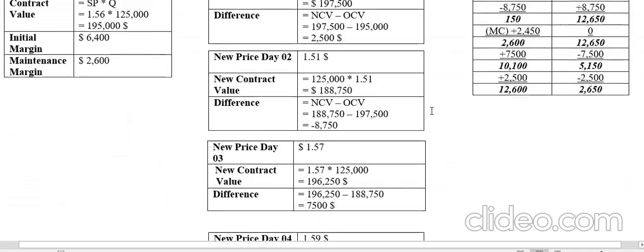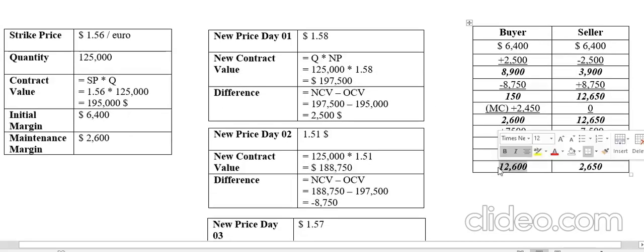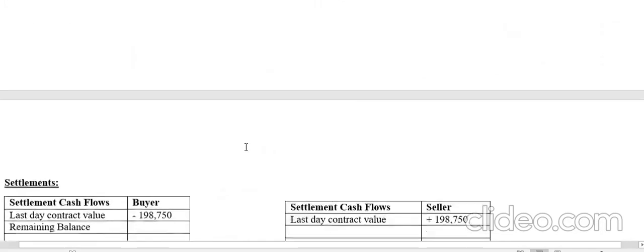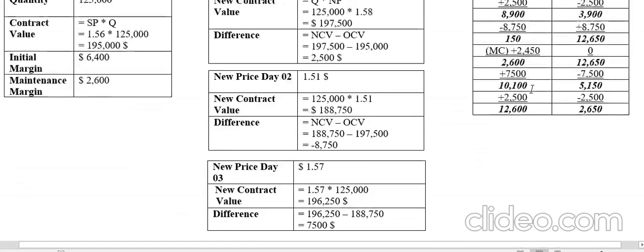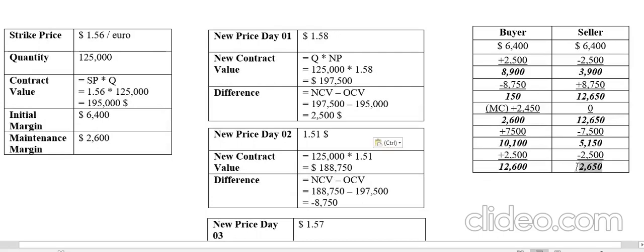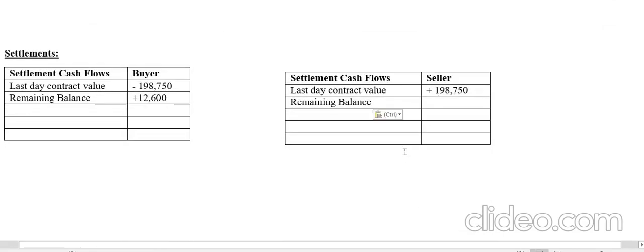So if we go to the balances side, the buyer has a balance of 12,600. So the buyer is entitled to receive, that would be a cash inflow, 12,600. Whereas the seller will not receive the same amount of money because his balance is different. He has 2,650 in his account.